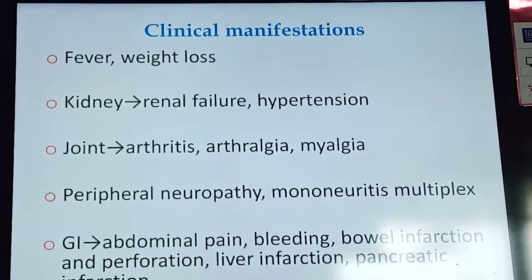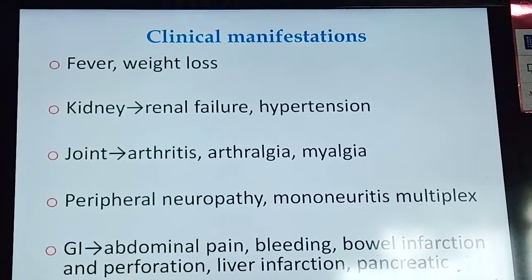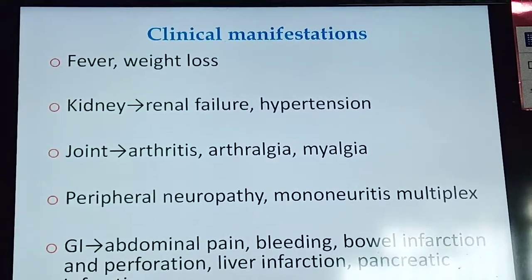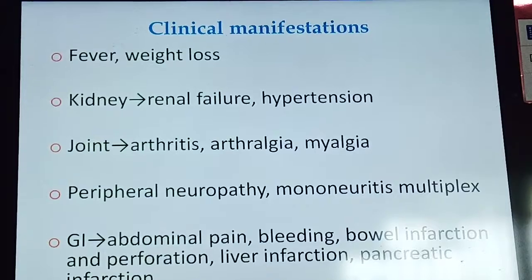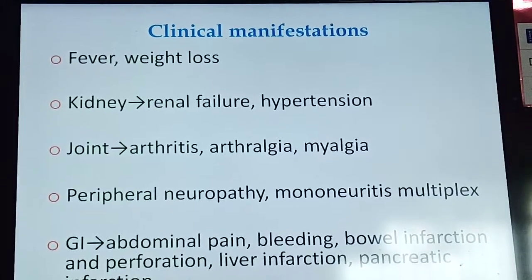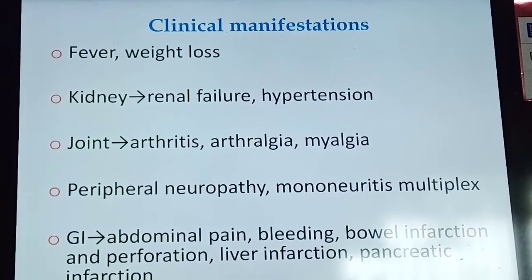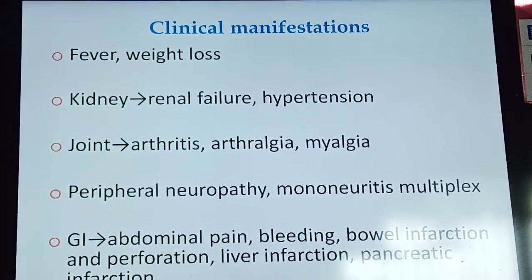In clinical manifestation, there is fever and weight loss. In the kidney, there is renal failure and hypertension. In the joints, there is arthritis, arthralgia, myalgia, peripheral neuropathy, and mononeuritis multiplex. In the GI tract, there is abdominal pain, bleeding, bowel infarction and perforation. Liver infarction and pancreatic infarction may occur.